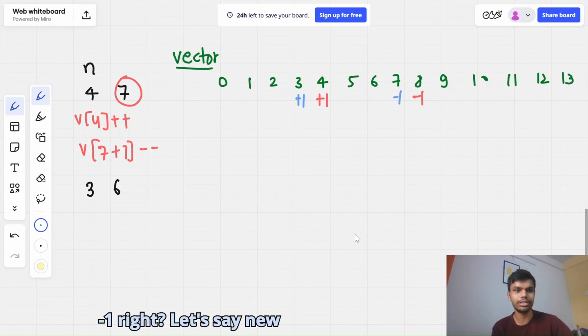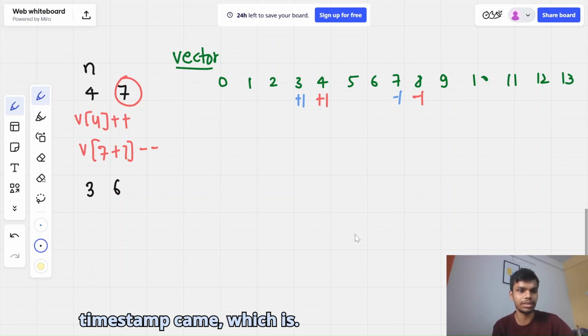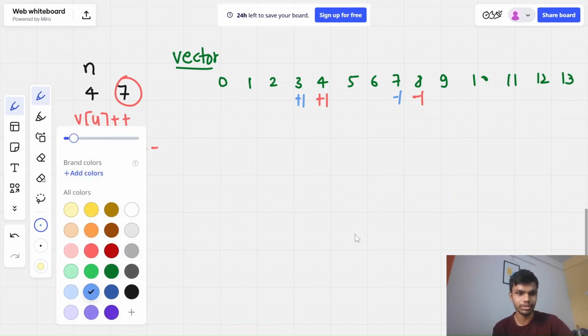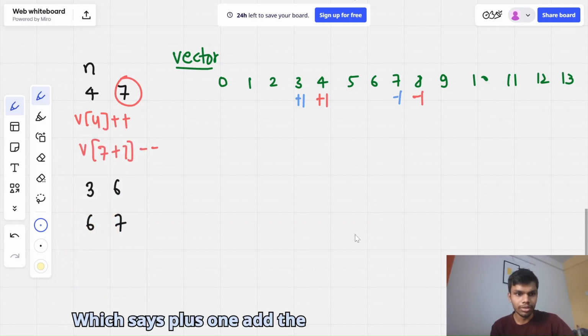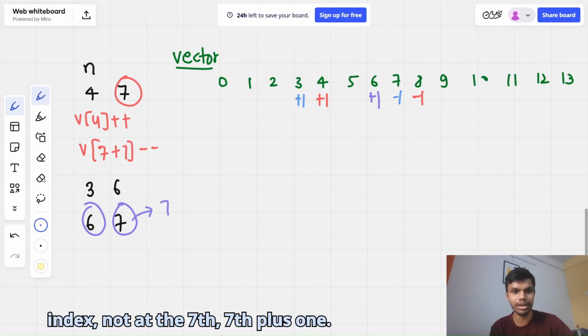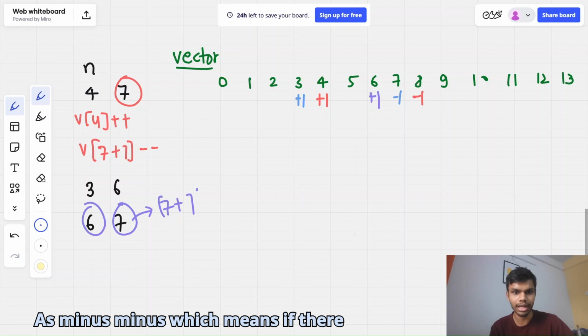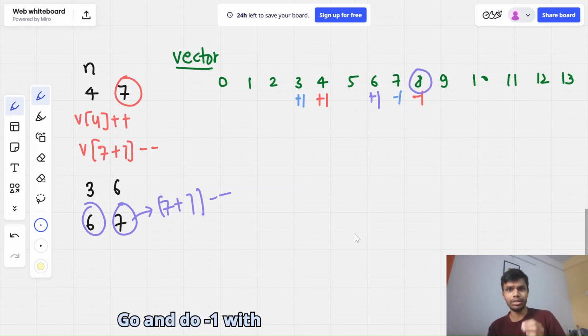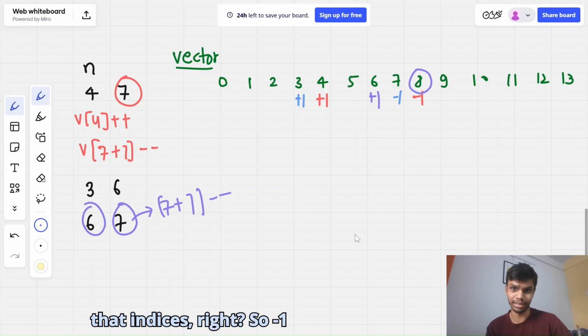Let's say a new timestamp came, which is 6 to 7. One more timestamp which says +1 at the 6th index, and at the 7th index, not at 7, 7 plus 1, as minus, which means if there is some value at the 8th index, go and do -1 with that index.